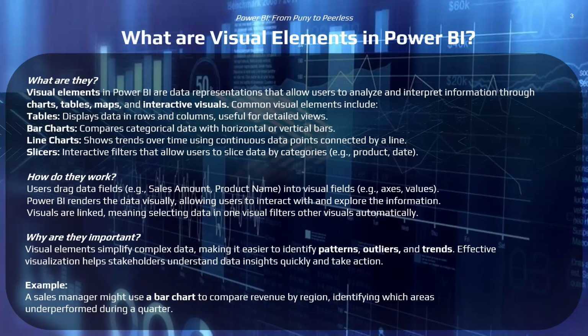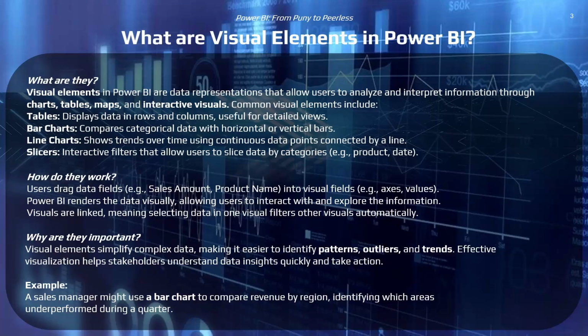How do they work? Users drag data fields, for example, sales amount and product name, into visual fields, for example, axes and values. Power BI renders the data visually, allowing users to interact with and explore the information. And visuals are linked, meaning selecting data in one visual filters other visuals automatically. Why are they important?